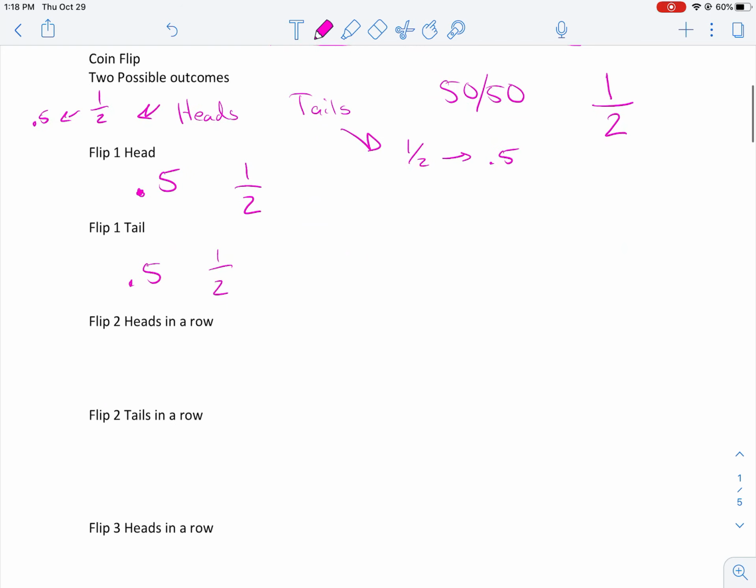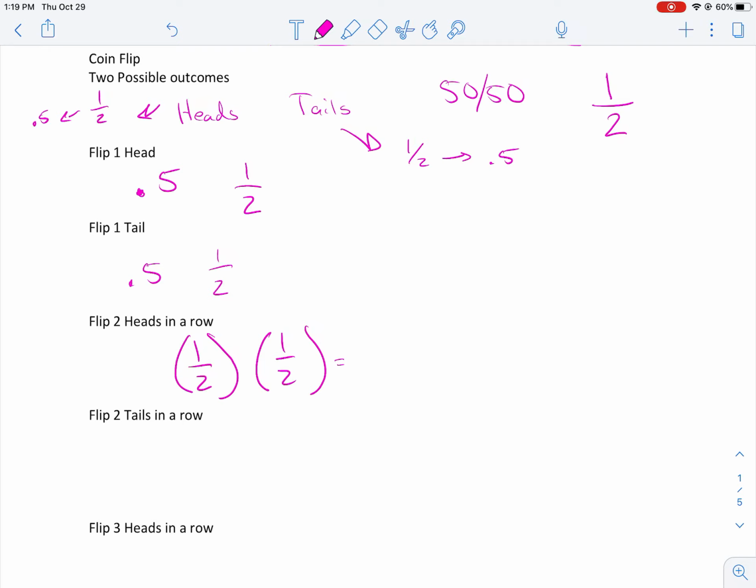And so this is where probability starts to get a little tricky. So what are the chances of flipping two heads in a row? A lot of times students will say 50%. That's not how probability works. You have to multiply your original probability. So we got our first coin flip. We have a 1/2 chance of getting a head. And now when I go to flip the coin again we have another 1/2 or 50% chance.